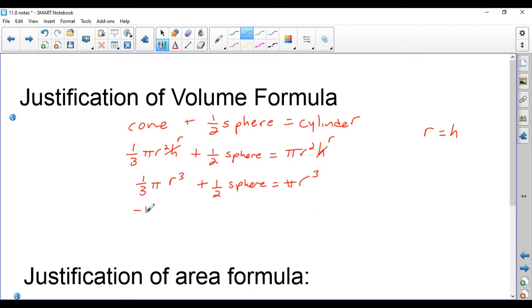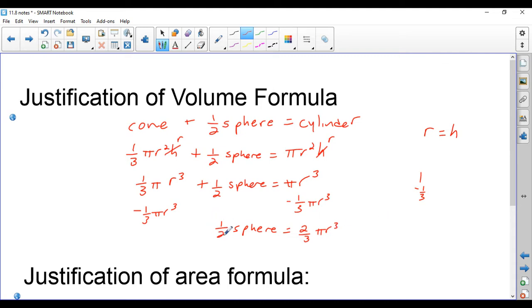What I'm going to do here is subtract this 1/3 pi r cubed over to the other side. So half of the volume of the sphere is pi r cubed minus 1/3 pi r cubed. That's 1 pi r cubed minus 1/3 pi r cubed. 1 minus 1/3 is 2/3 pi r cubed.